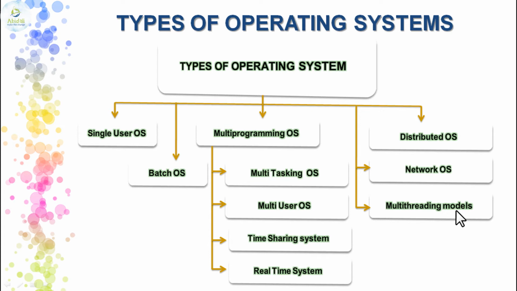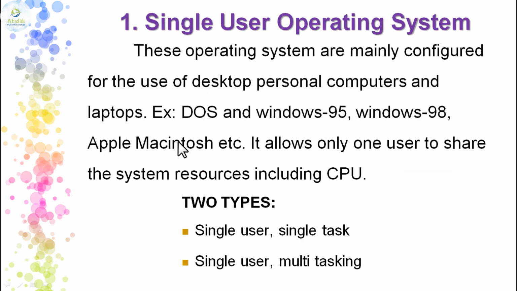Let us jump into the types of operating system and see what the single user operating system stands for. The single user operating systems are mainly configured for the use of desktop or personal computers. So PCs, the personal computers, and laptops are configured with the single user operating system.